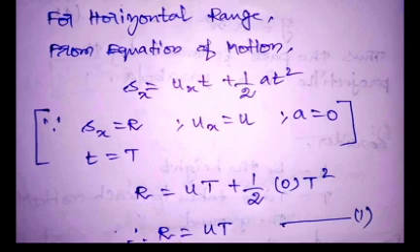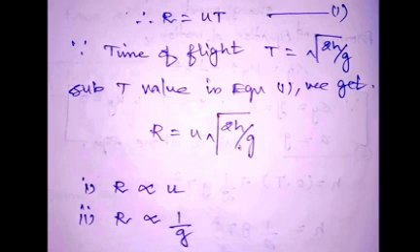Now coming to the right side, anything into 0, the term becomes 0, so we only get R equal to u into capital T. Consider this as equation number 1. Yesterday we calculated the time of flight, which is T equal to square root of 2h by g.